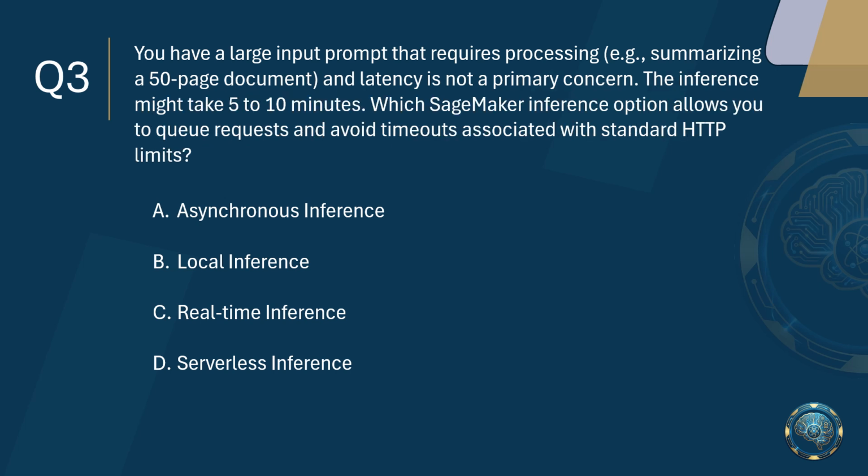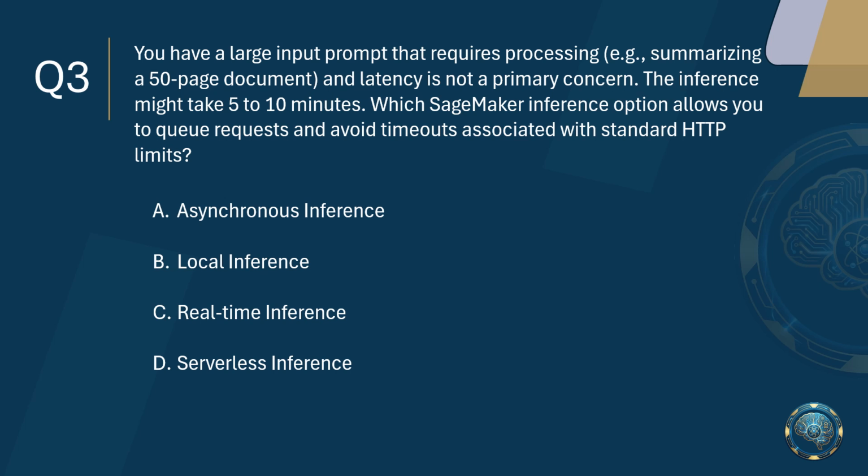Hope you found the right answer. To find the right answer, as I said, we have to follow a two-step process. Step 1, identifying keywords in the question. Step 2, eliminating wrong answers. Let us identify the keywords.